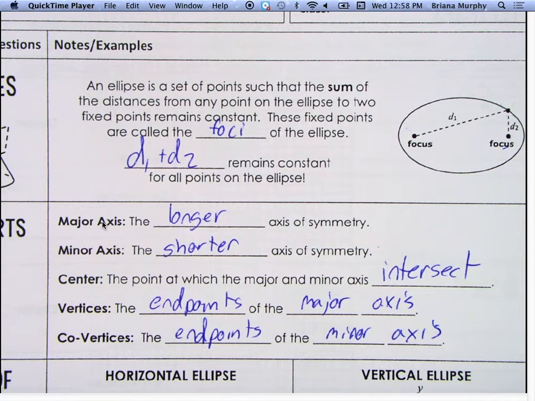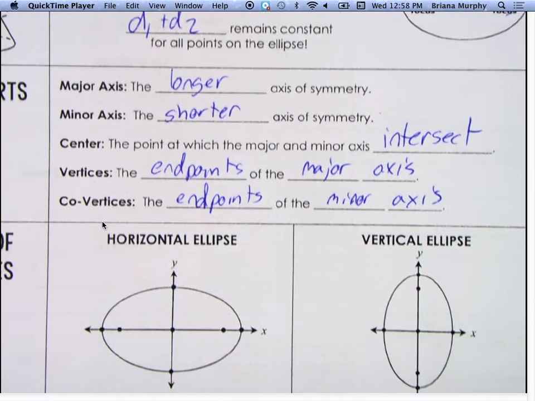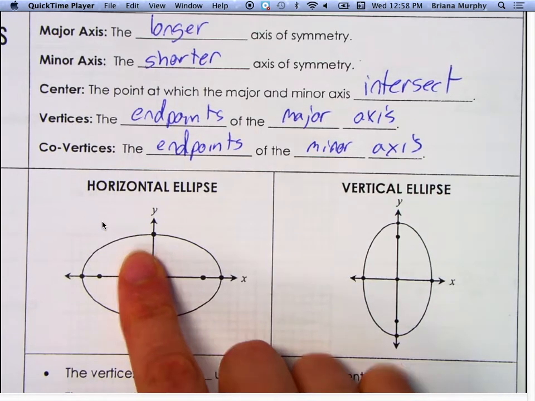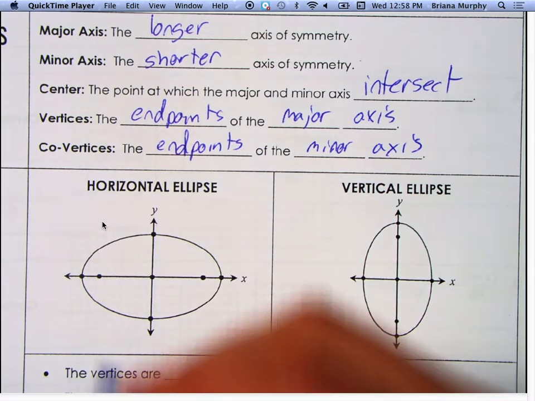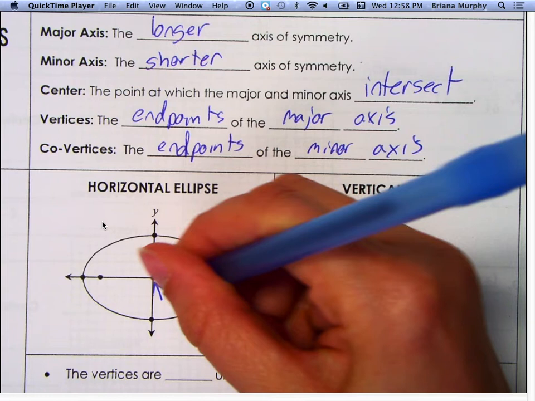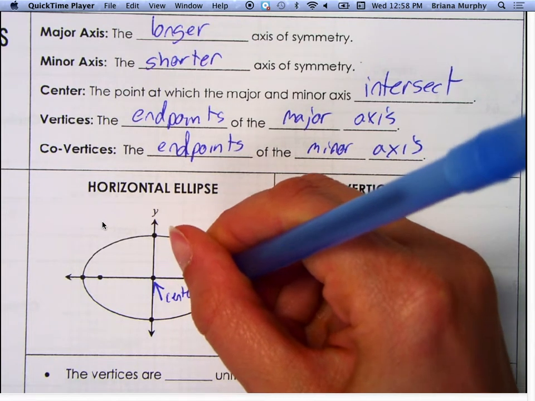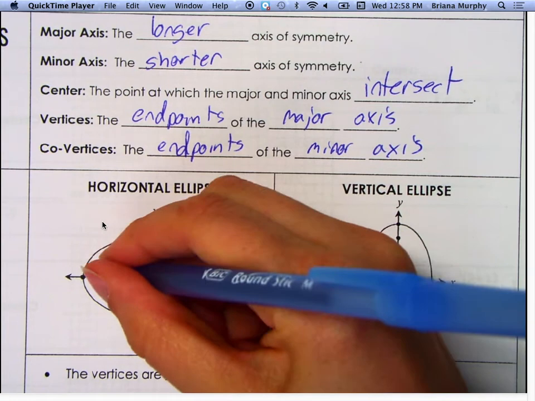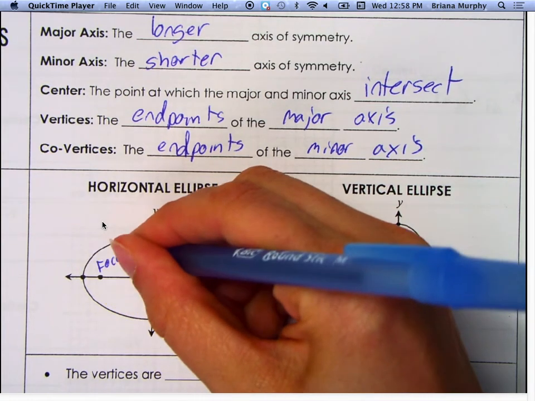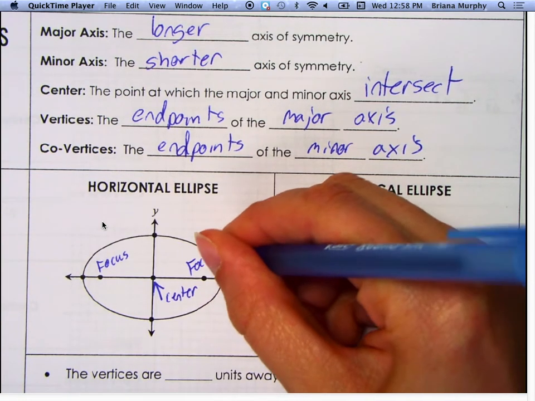Okay? So we are going to label all of these points on the horizontal ellipse together, and then I want you guys to try it on the vertical. Okay, first I'm going to mark right here, that is the center. Here's a focus point. Here's a focus point.